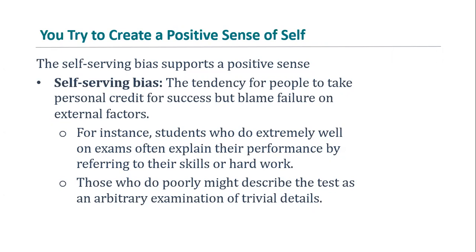You might think that you did well because you worked hard and studied hard, so you are attributing it to internal factors. But let's say you did poorly on the exam. You would blame it on external factors. You could say the teacher didn't teach us well enough, or I didn't get enough sleep last night, and therefore I wasn't able to study and retain the information like I should.